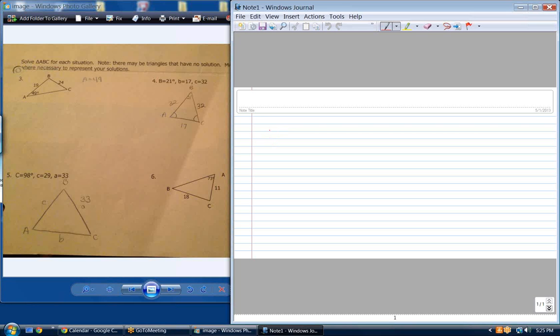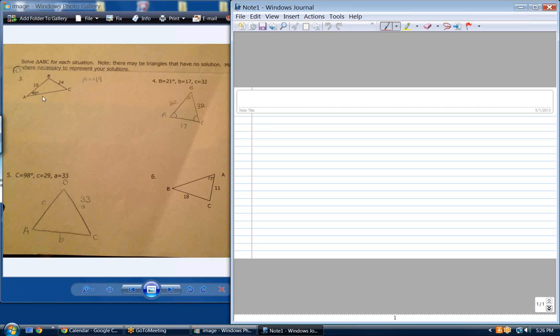So how do I solve this triangle for starters? You'd have to do the law of sines. Okay, go ahead and tell me what to write. I'm not sure what the law of sines is. Okay, the law of sines is very straightforward.